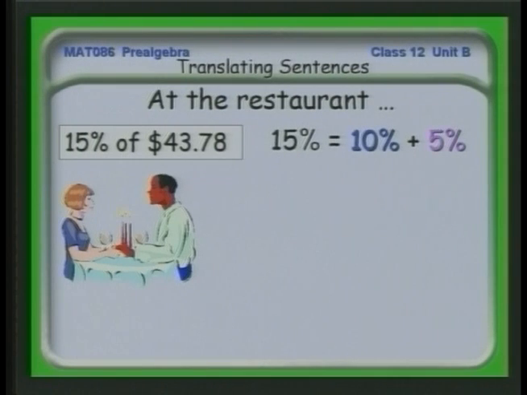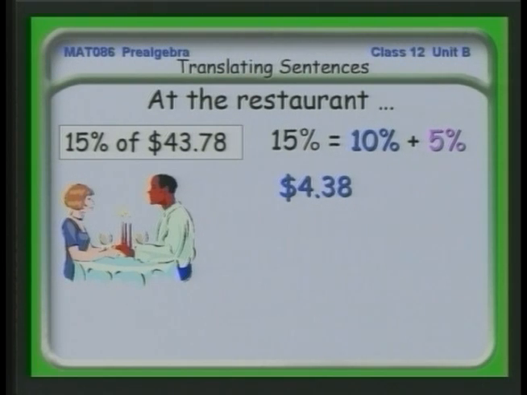I remember that 15% really means 10% plus 5%. It's relatively easy to take 10% of $43.78. You just move the decimal point one place to the left. 10% of $43.78 is $4.38, rounding to the nearest penny.